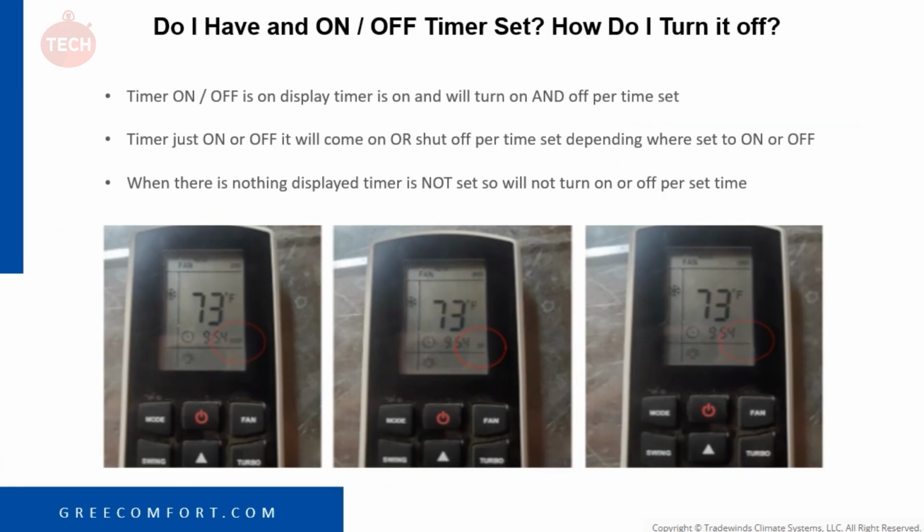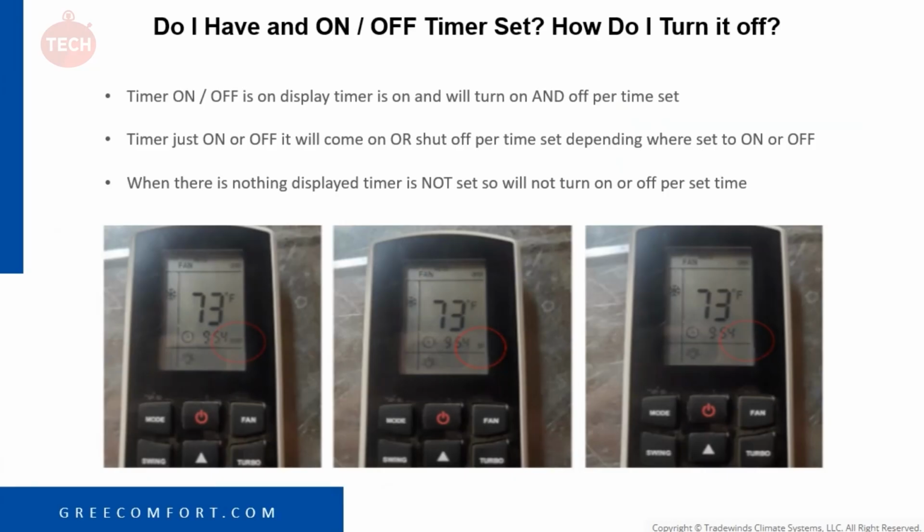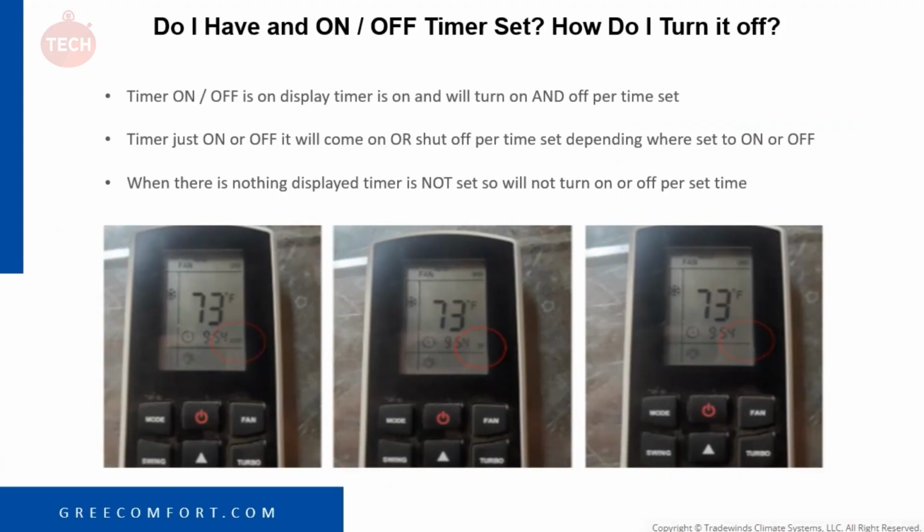When I first started working on GREE, I made this mistake myself, because to the right of the time and the clock in the middle picture here, it says off. So I thought that meant the timer was off. What that actually means is there's an off timer set. If it says on, that means there's an on timer.